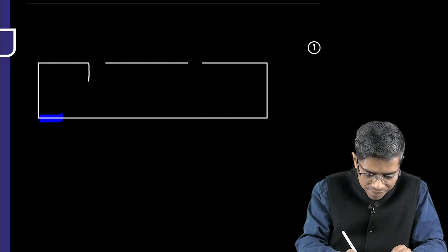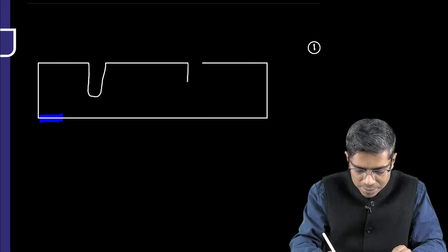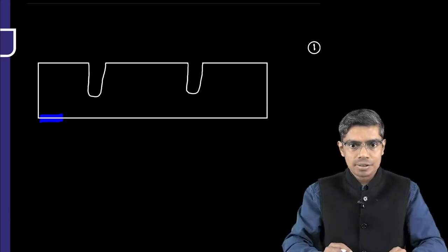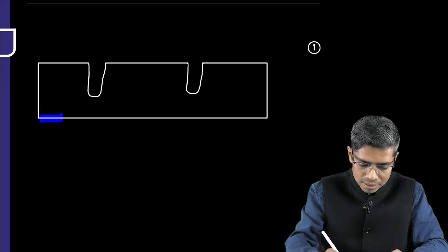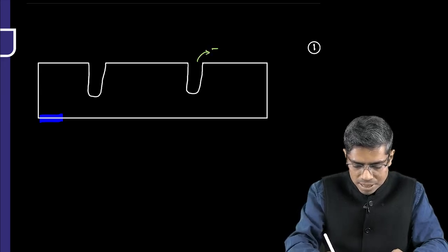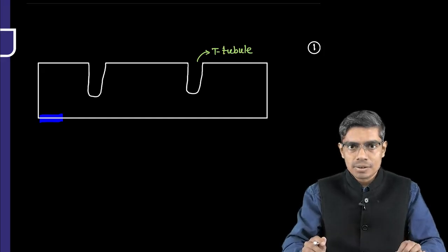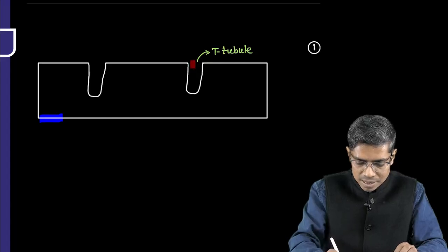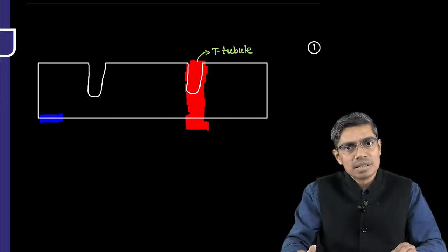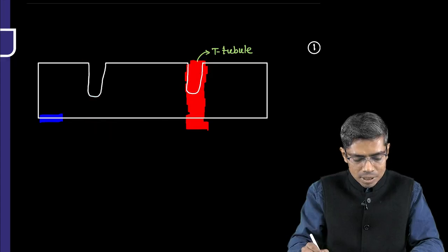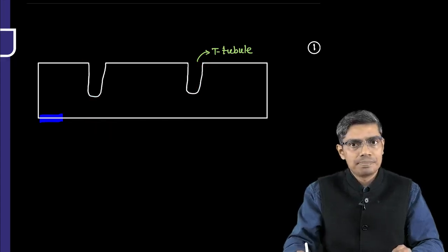So the sarcolemma enters inside the cytoplasm and gives a tubular structure. This tubular structure is known as the T-tubules. T stands for transverse. These tubules are placed transversely along the length of the muscle, so because of this transverse arrangement they are known as T or transverse tubules.